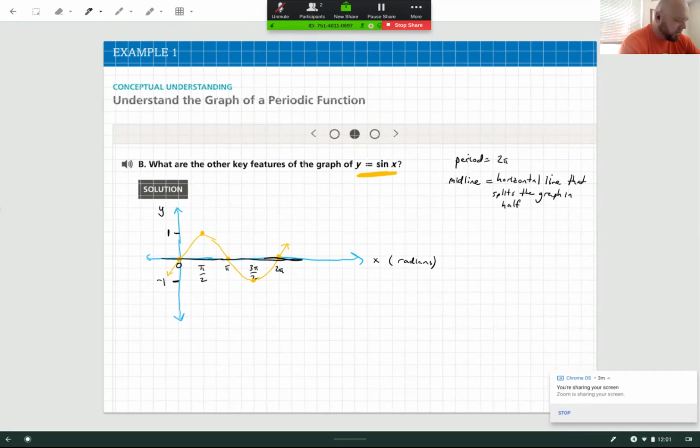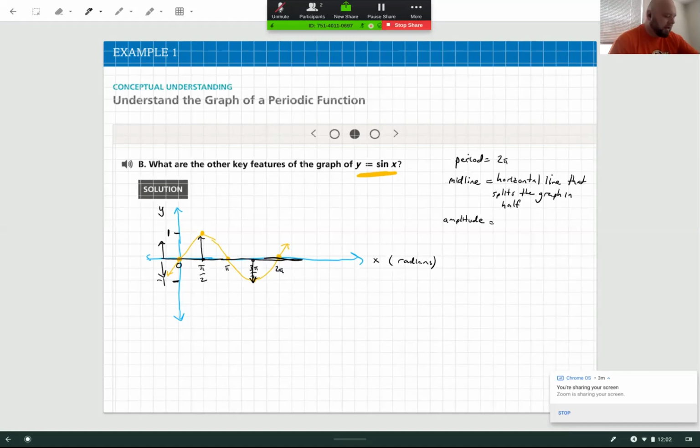Another feature that you guys are going to need to know is called the amplitude. The amplitude is how high the graph goes above the middle. So if this is our middle, how high does it go? Or how low does it go below the middle? We can see that if this is our middle, this is the maximum, that's the highest point, and our minimum is over here, that's the lowest point, and that's a distance of 1.